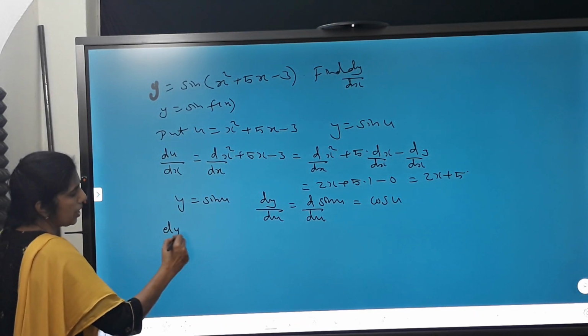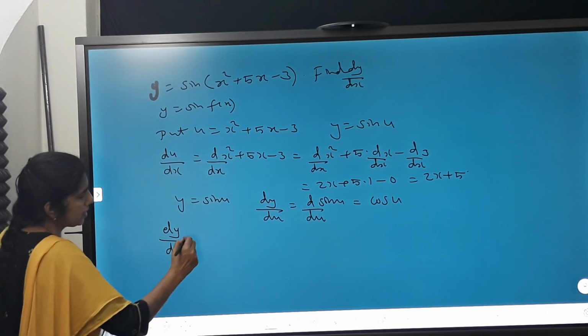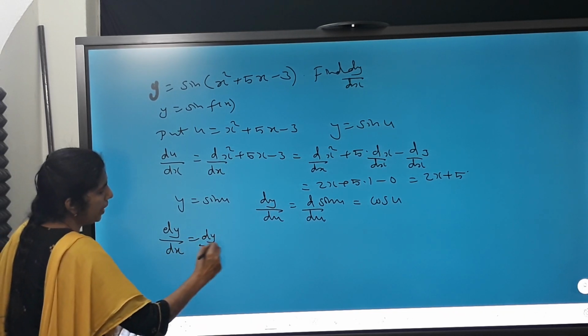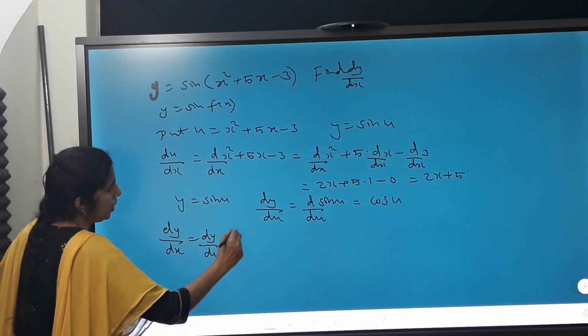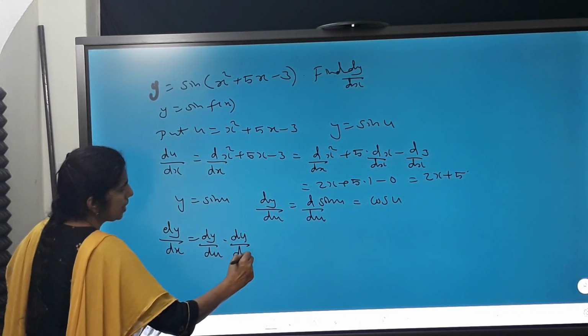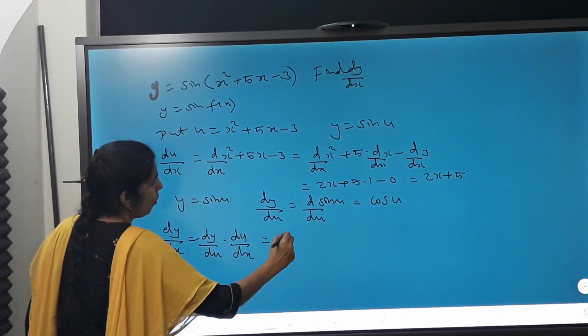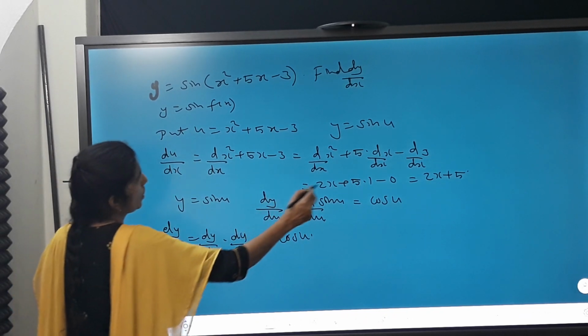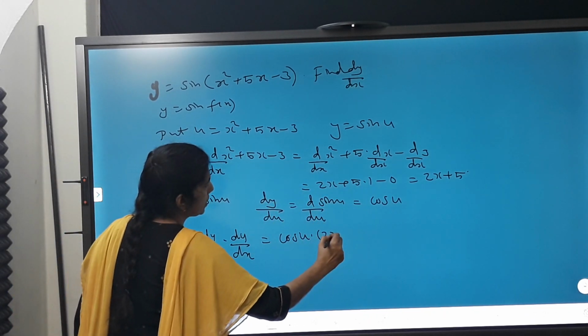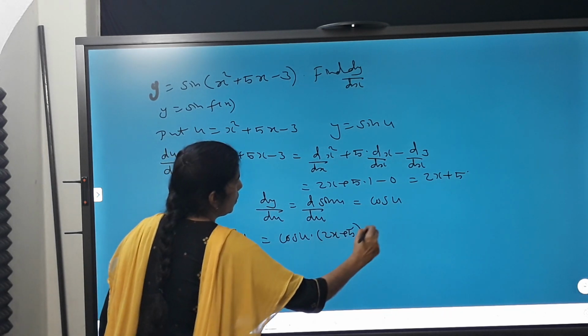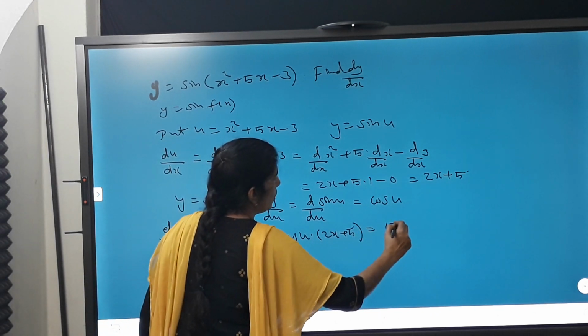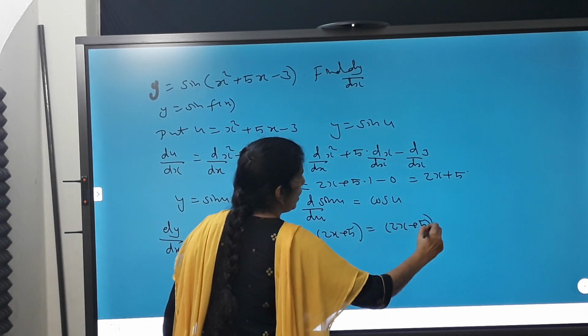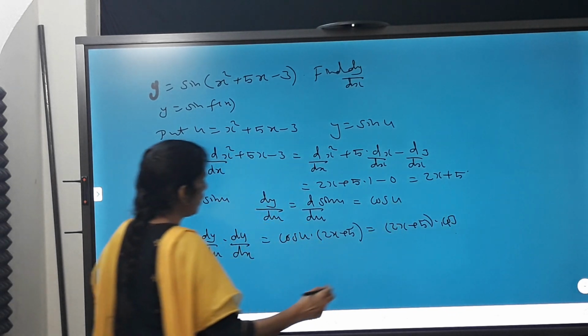Now apply the chain rule. Dy by dx equal to dy by du into du by dx. That is equal to cos u into du by dx, which is 2x plus 5. So this is equal to 2x plus 5 into cos of our u.